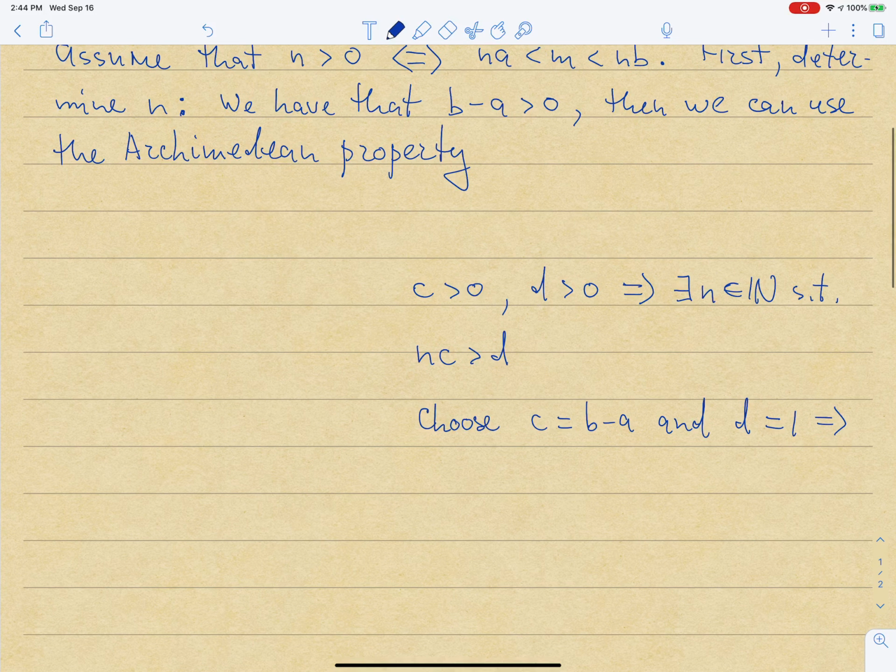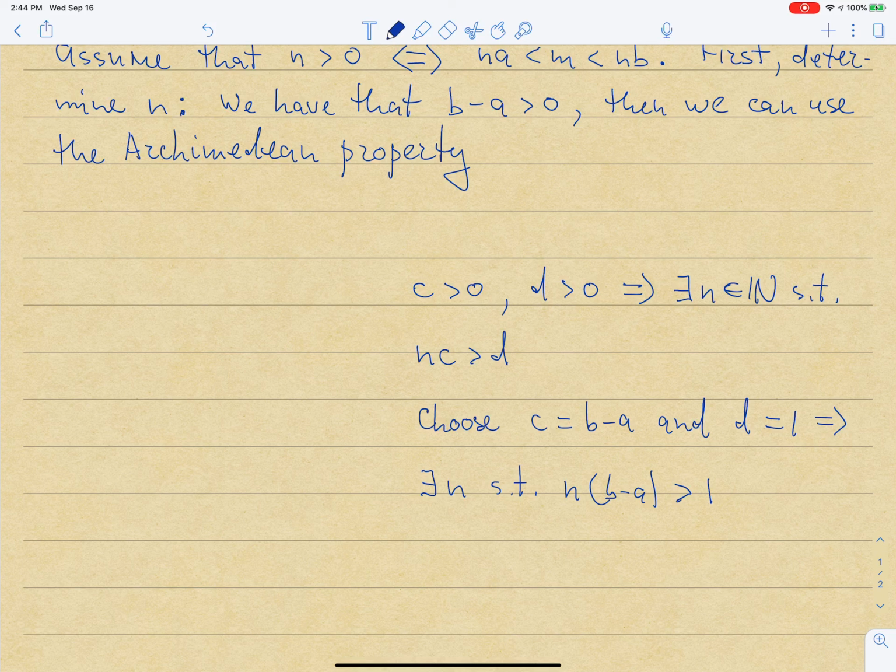Well, if I make this choice, then b minus a and 1 are both positive numbers, so there exists an n such that n times b minus a is going to be greater than 1.